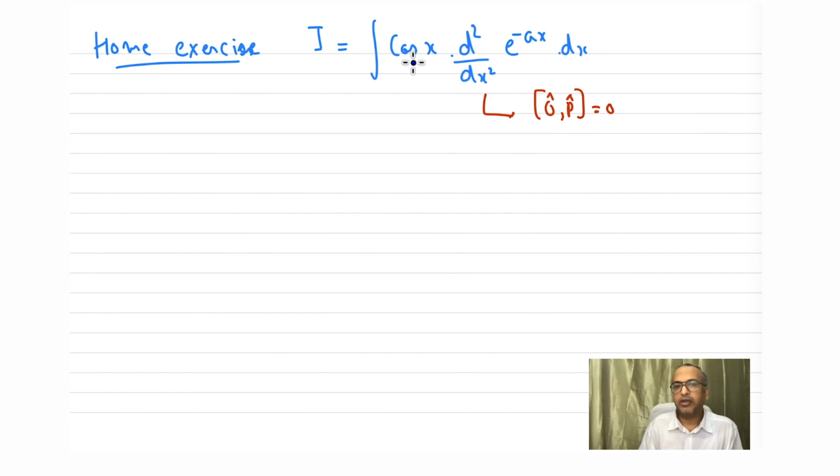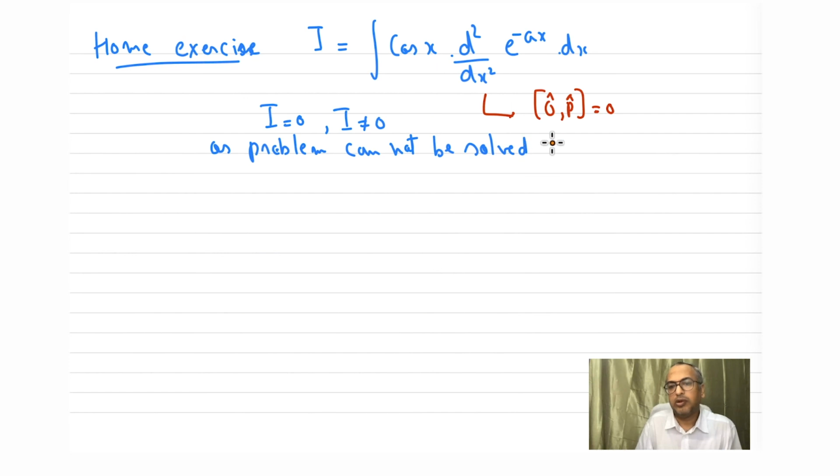Now try to identify whether this is an even function or an odd function. Based on symmetry rules, can we say I is equal to 0, I is not equal to 0, or the problem cannot be solved based on symmetry arguments?